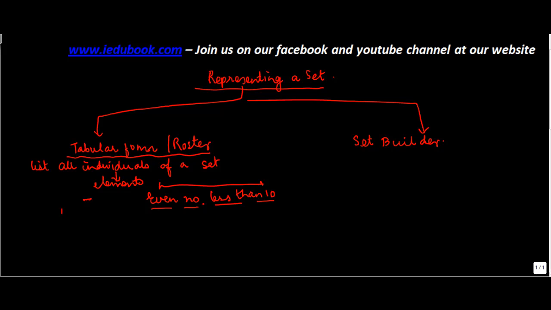Suppose you are told that Z is equal to even numbers less than 10. Now there are two ways in which you can write this.